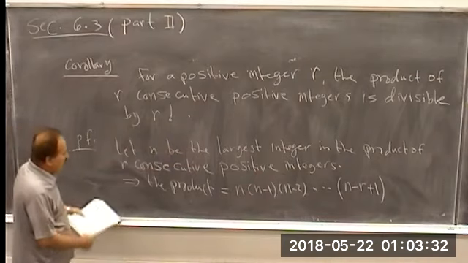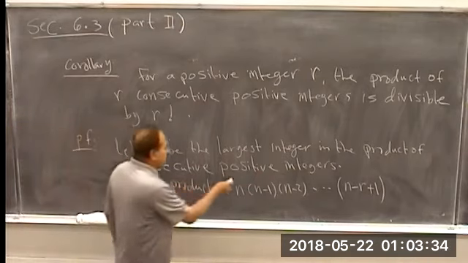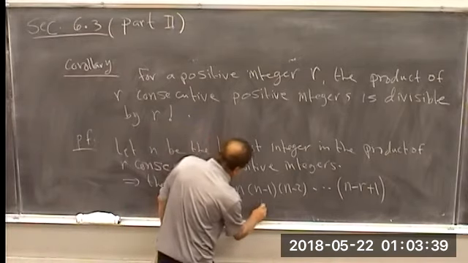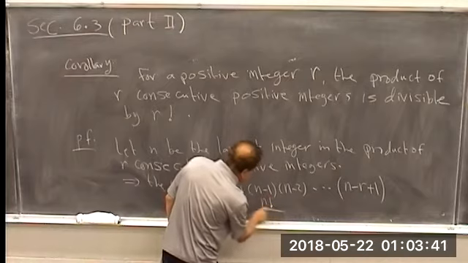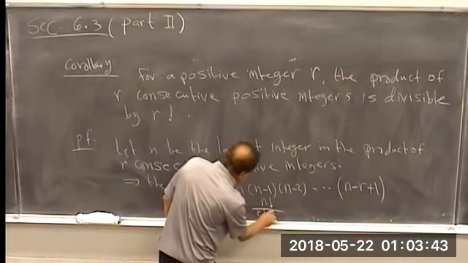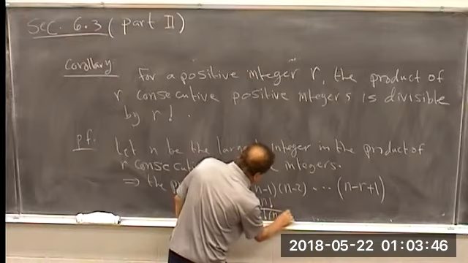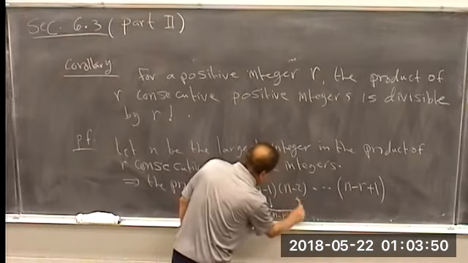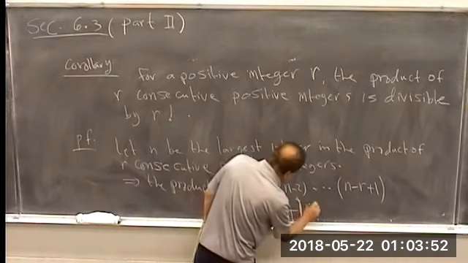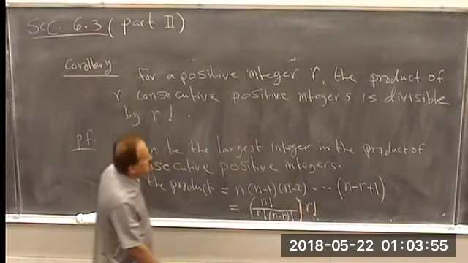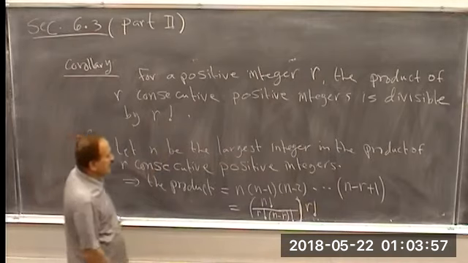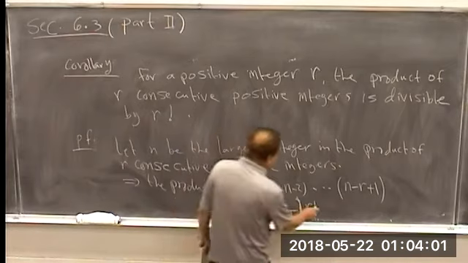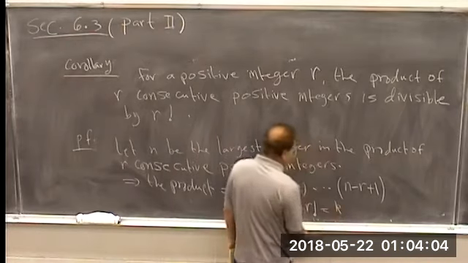All right, now it's not very hard to check that this product can be written as n factorial over r factorial times n minus r factorial, multiplied by r factorial. Now, from the theorem, n factorial over r factorial times n minus r factorial is an integer, let me call it k.